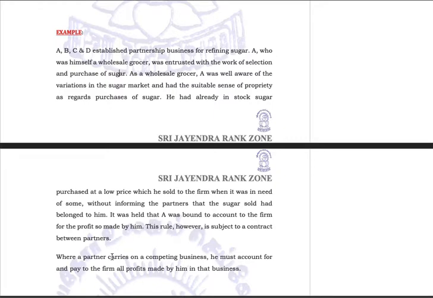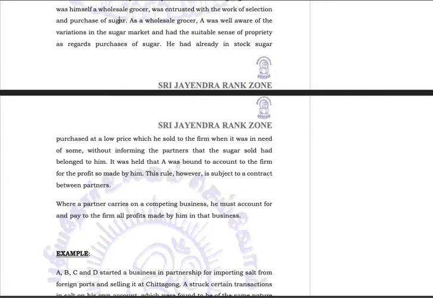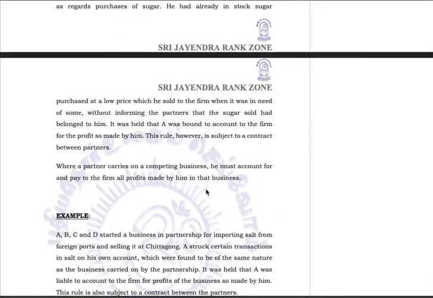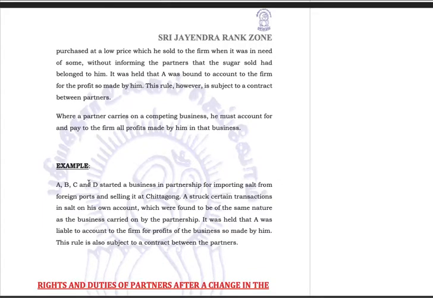Where a partner carries on a competing business, he must account for and pay to the firm all profits made by him in such business, like we have discussed here in this case. A, B, C, and D started a business in partnership for importing salt from foreign ports and selling it at Chittagong.